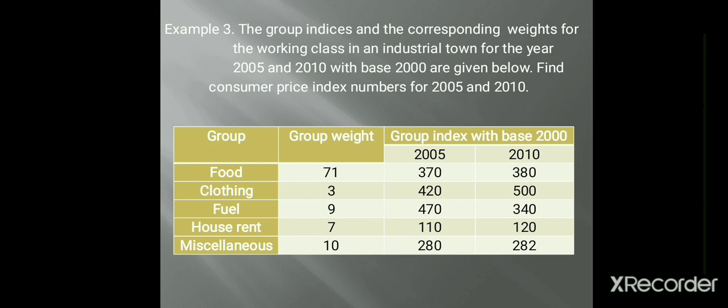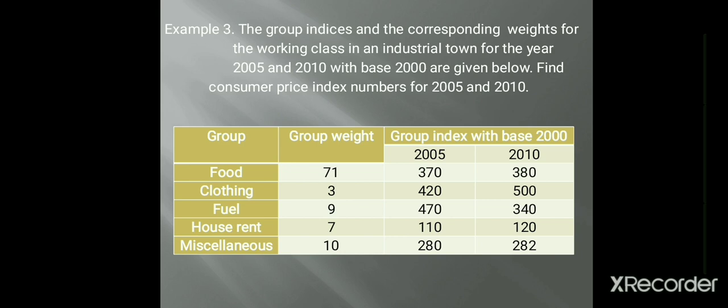It has two column headings, year 2005 and 2010. Now write the values under group index for the year 2005: 370, 420, 470, 110 and 280. For the year 2010, they are 380, 500, 340, 120 and 282.